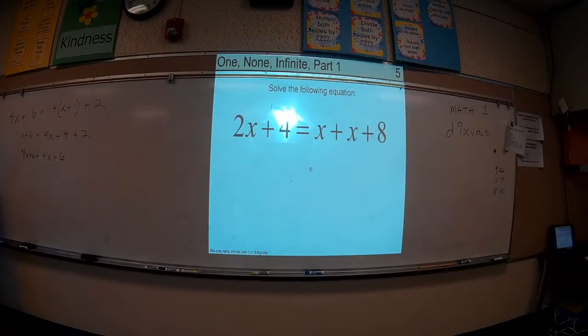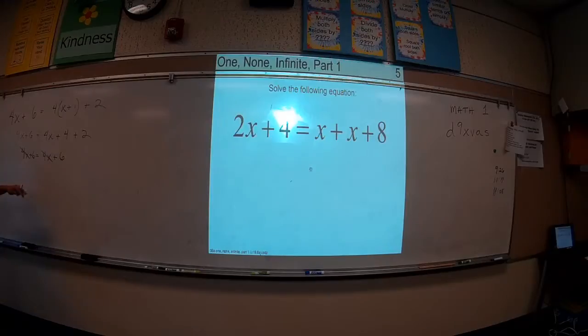Before we get too crazy, red marker of death and destruction. I'm going to use it in a new and exciting way. What I really just did is I subtracted 4x from both sides.